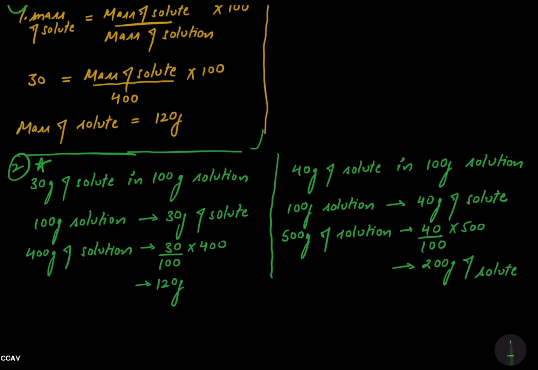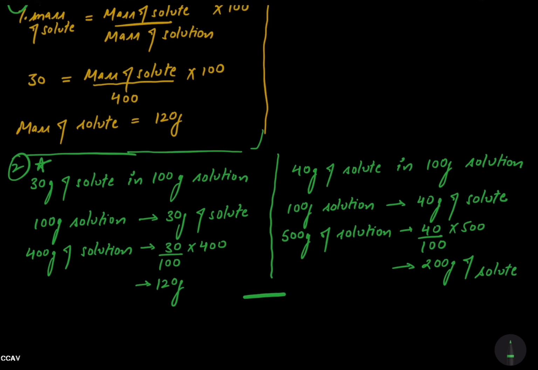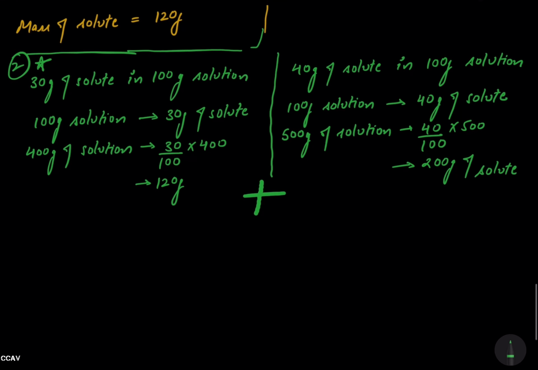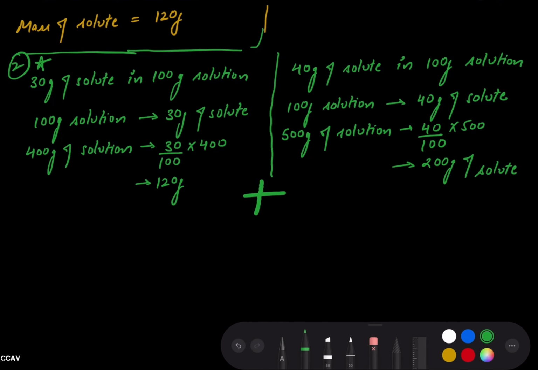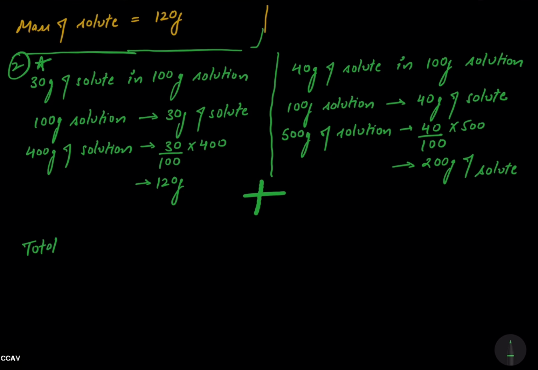So I got both the values, that is the mass of solute in solution number 1 and solution number 2. Now I have to add these two solutions. If I'm going to add these solutions, then first of all I'm going to calculate the total mass of solution.